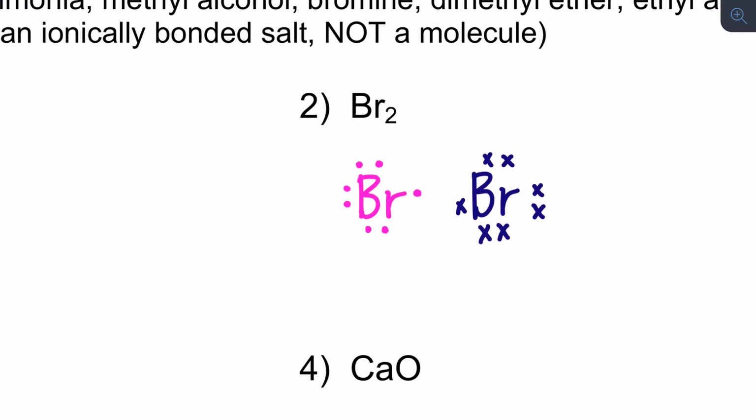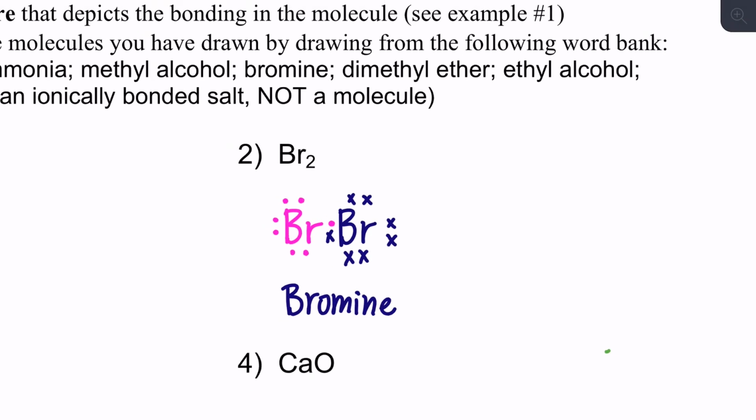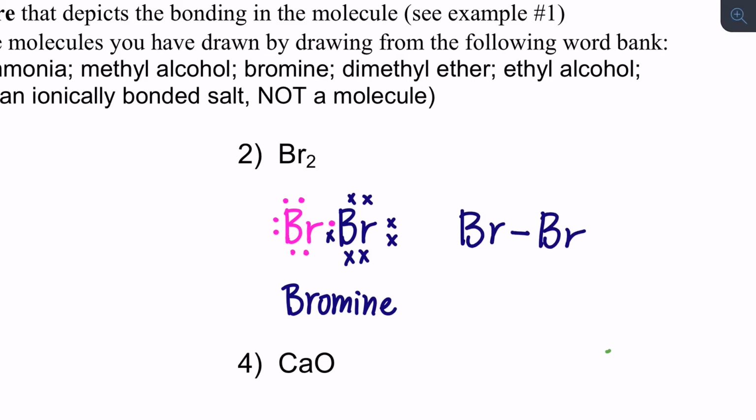And you see here there's room on each of the bromines for 1 more electron, so they're going to come together and share. So now we have Br2. Br2 is a pure diatomic element, which means that the name of this is bromine. And we draw the line structure, which is a line between them.